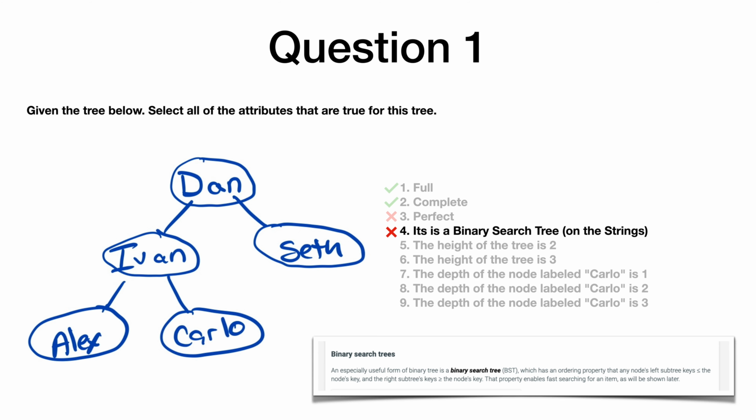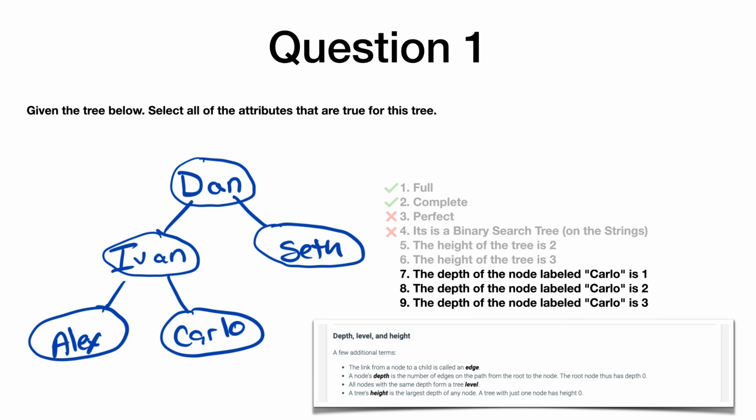So then the next 2 questions are about the height of the tree, but let's skip those for a second and go to the depth. So the depth of a node, and again, this is the quote from your book: a node's depth is the number of edges on the path from the root to that particular node.